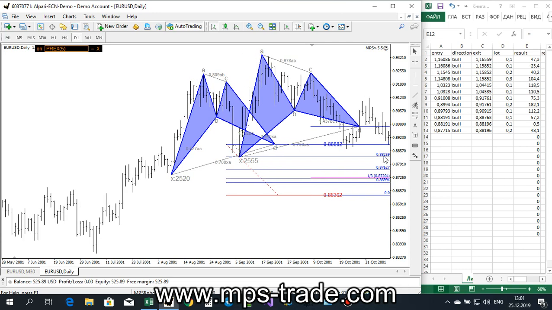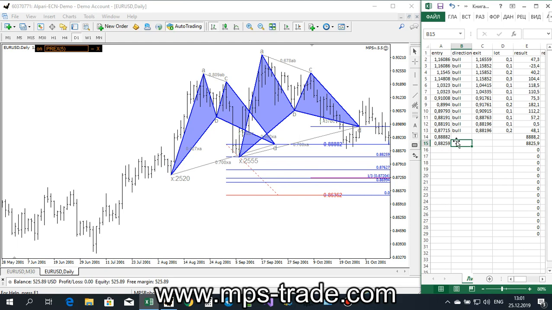Entry number 2, 88.25.9. So let's type the entry number 1. 88.88.2, this is the pattern completion, and then goes 88.25.9.